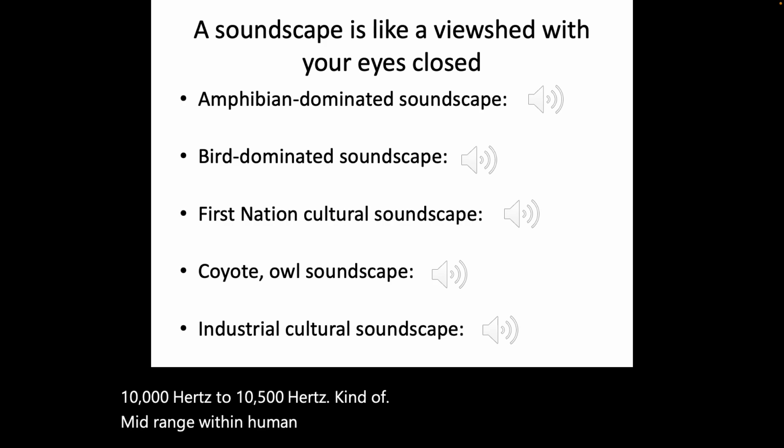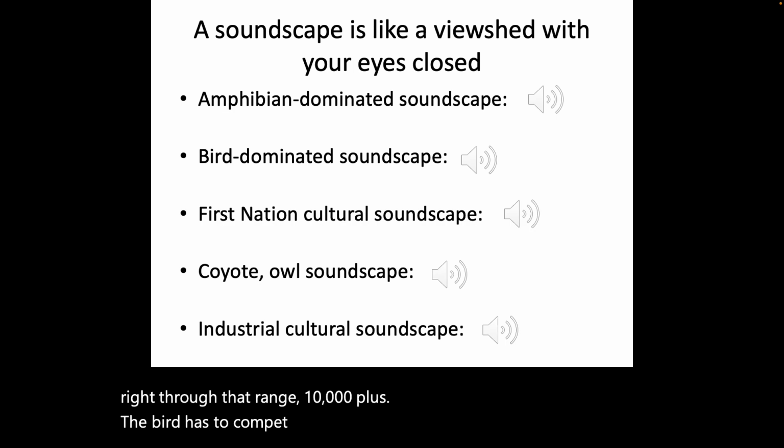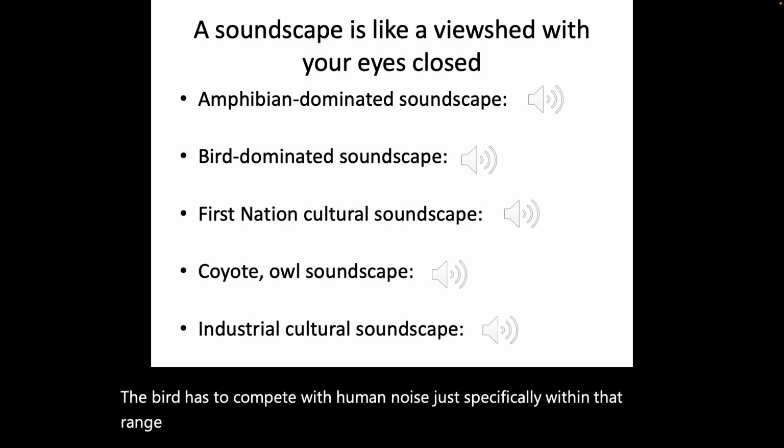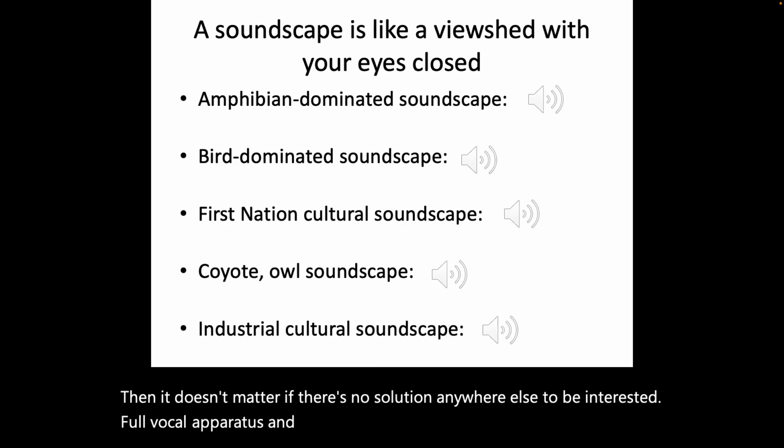So a lot of instruments, for example, play right through that range of 10,000 plus. If a bird has to compete with human noise just specifically within that range, then it doesn't matter if there's noise pollution anywhere else in the acoustic range. Its full vocal apparatus and its social mechanism is tied to that particular area that's getting wiped out.